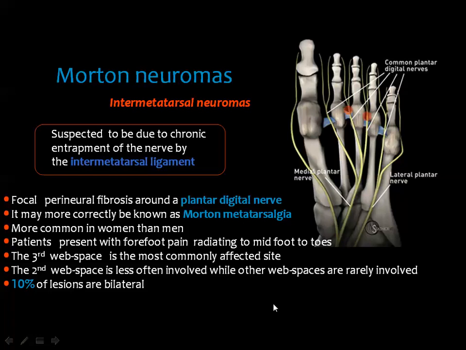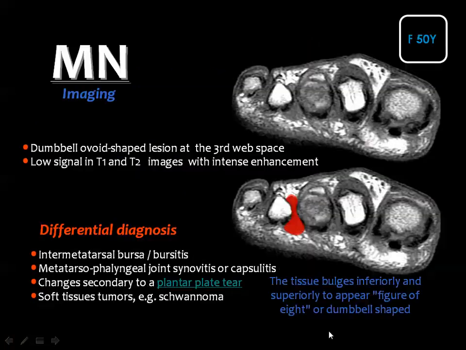Then you get perineural fibrosis forming a mass, which is painful, and this lesion may be bilateral in about 10% of the cases. Then here is the MRI of a patient with Morton's neuroma.